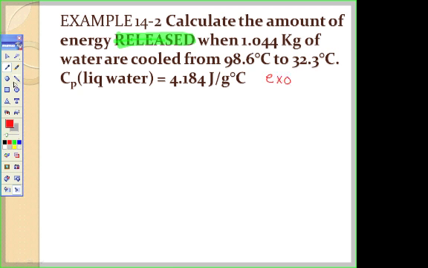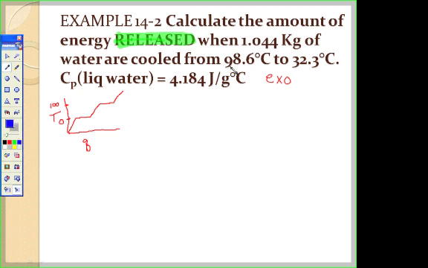Now, I recommend when you're doing these to do a quick sketch of your heating curve, cooling curve, and figure out where you are. So you can heat a solid, melt a solid, heat a liquid, vaporize, heat a gas. Now for water, you should know the boiling point of water is 100 degrees Celsius and that the freezing point is 0 degrees Celsius.